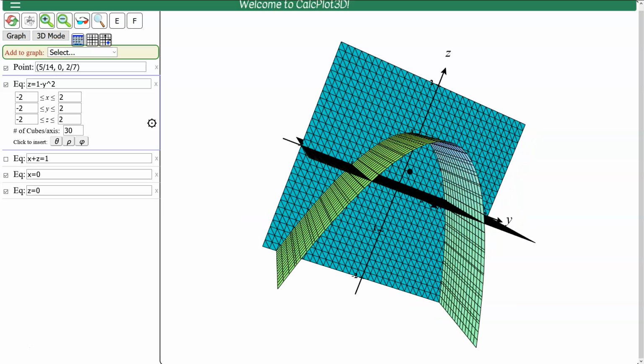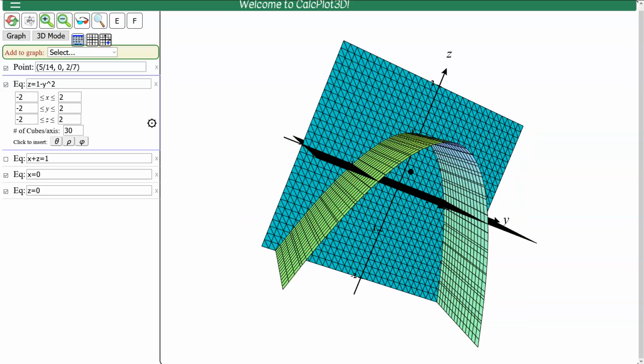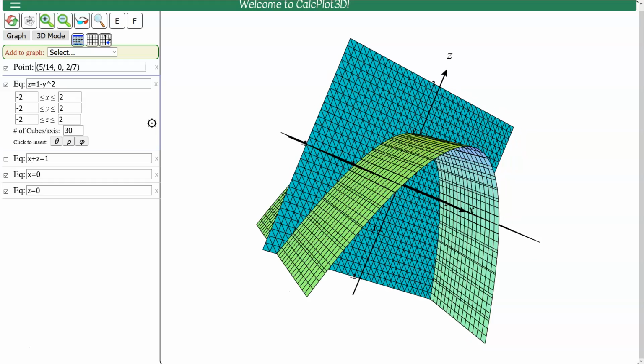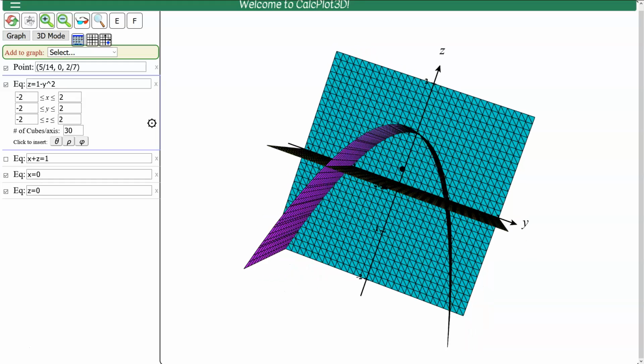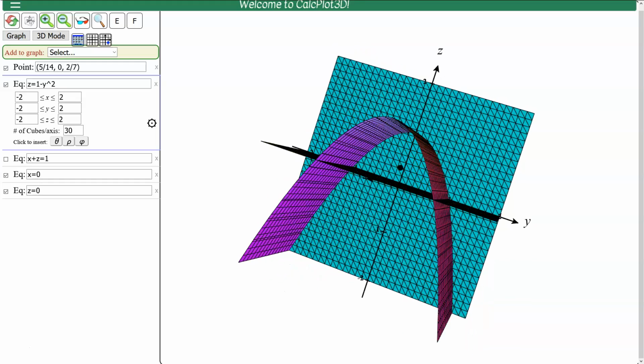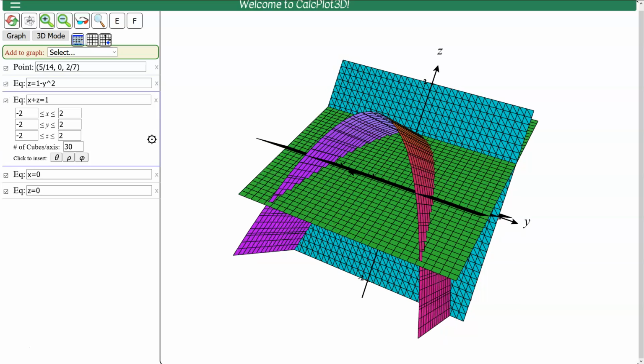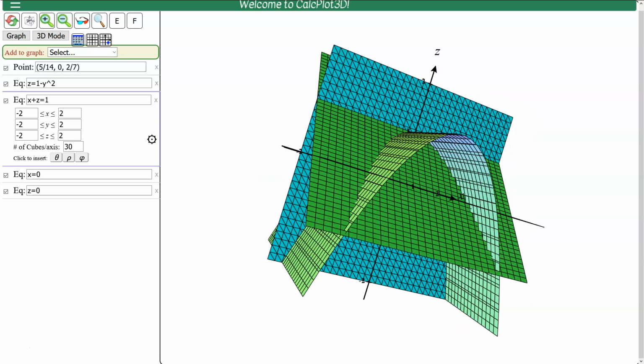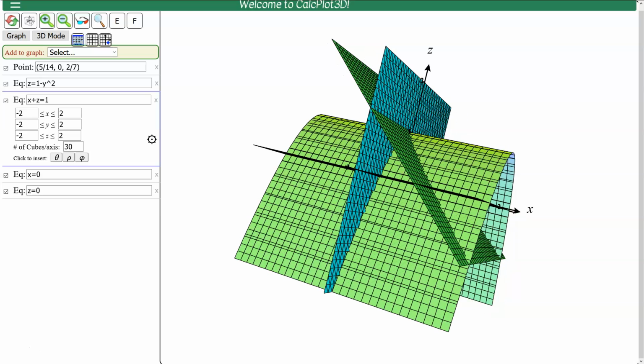There it is. You can see it now, but when I put the next plane in, you're not going to be able to see it anymore because the plane's going to be covering it up. And it's gone now. Okay, so it's inside there. So it seems about right.